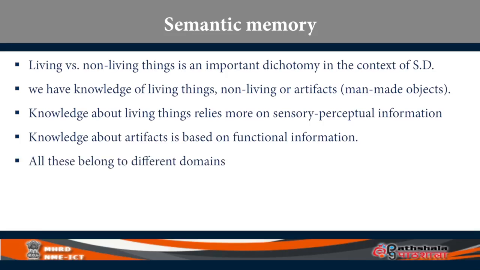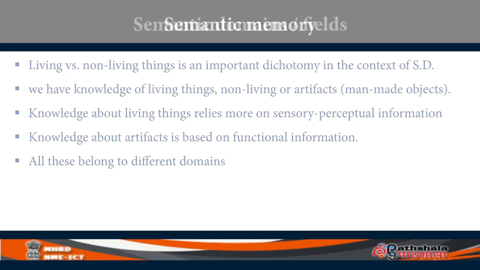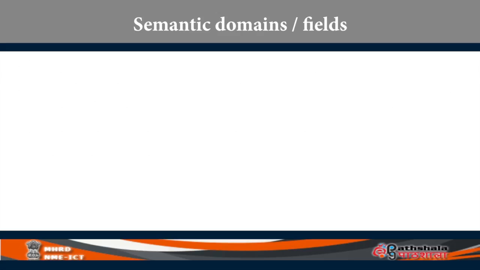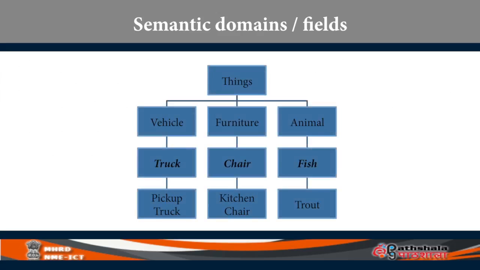But whether they are living or non-living, man-made objects or whatever, they all belong to different semantic domains. So, on the screen you are shown a picture of domains or fields, semantic fields. Whichever domain we talk about, it has 3 levels.